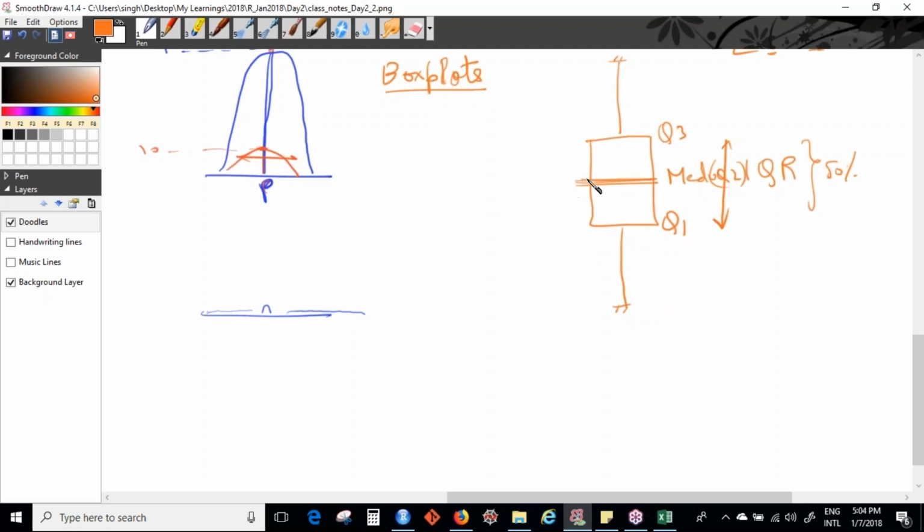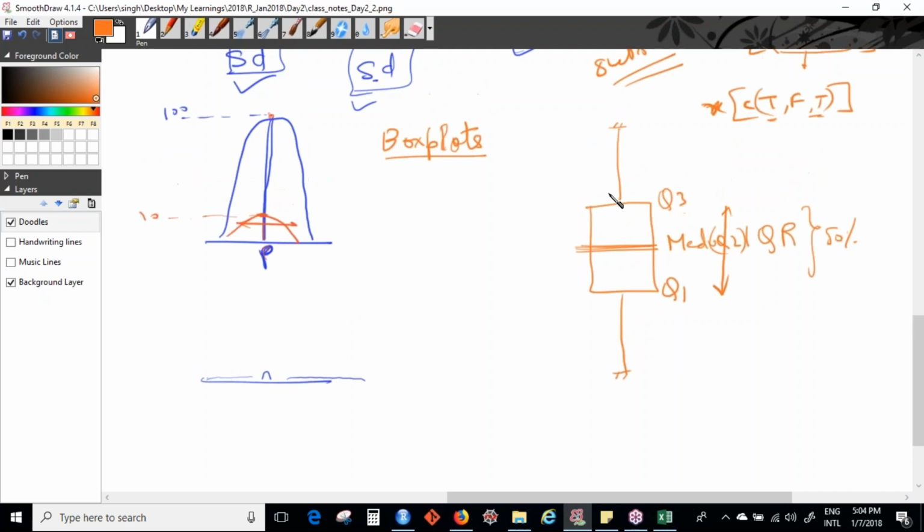If you have to find where your outliers are, this y-axis is your variable, and you have to reach this point. How will you reach it? It is nothing but Q3 plus this distance, and this distance is 1.5 times the interquartile range.